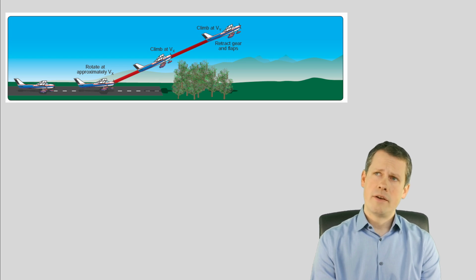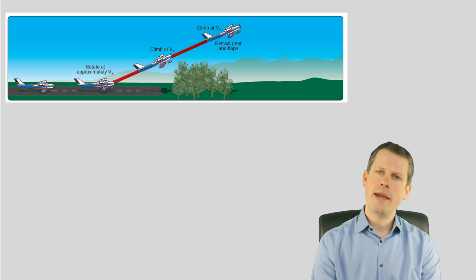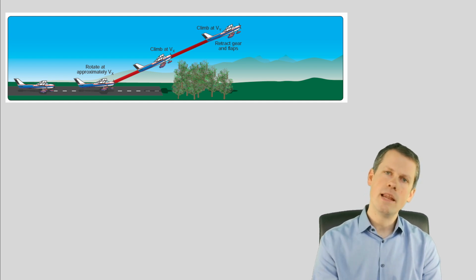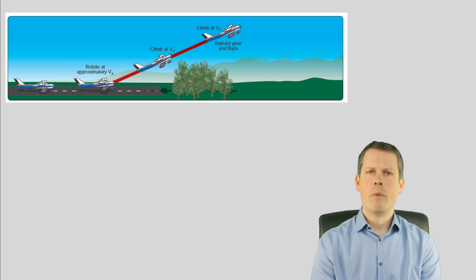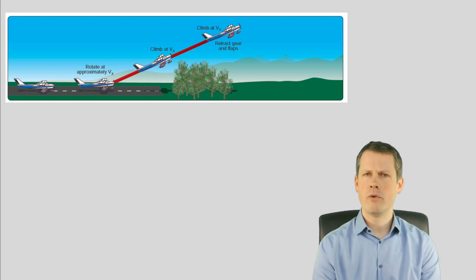So to actually conduct our takeoff, we want to use all runway length available. So really taxi to the end, right to the end. Do not waste any meters. And then stop the airplane when it's lined up with the runway, hold the brakes, and then apply takeoff power, still holding the brakes. Now, when you release the brakes, you will have the full RPM, the full power already there. However, some pilots do that, some don't.